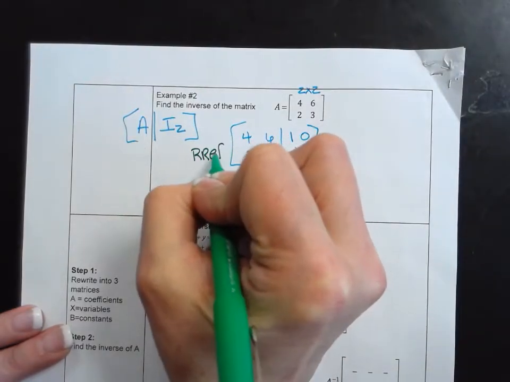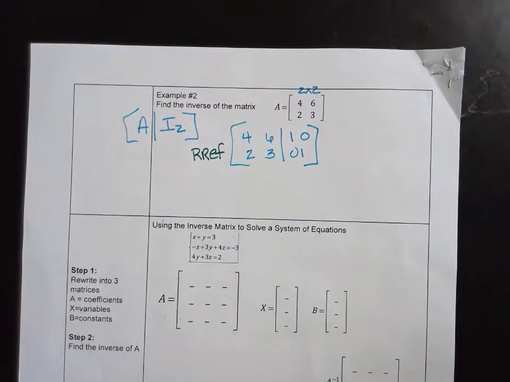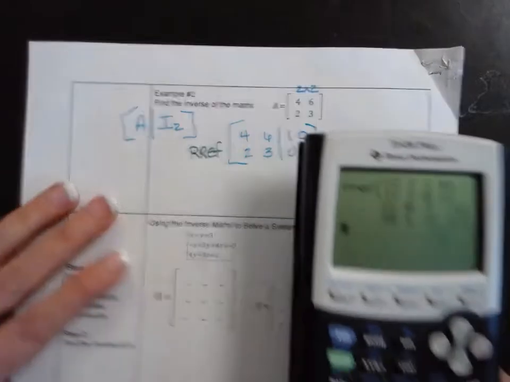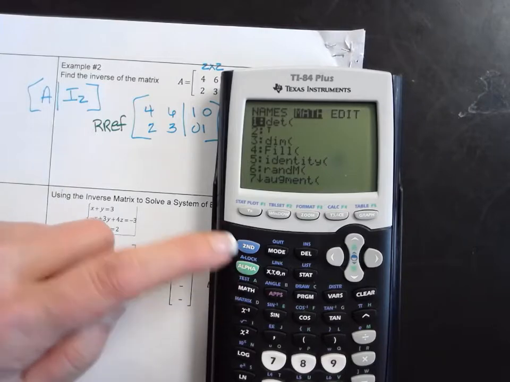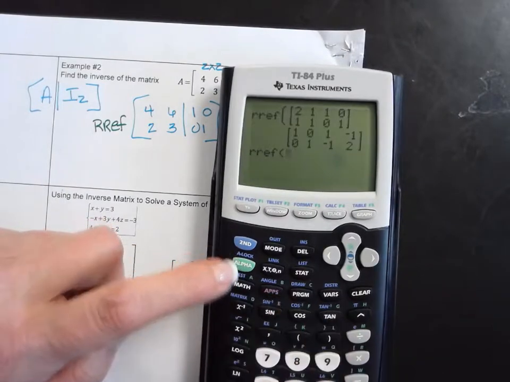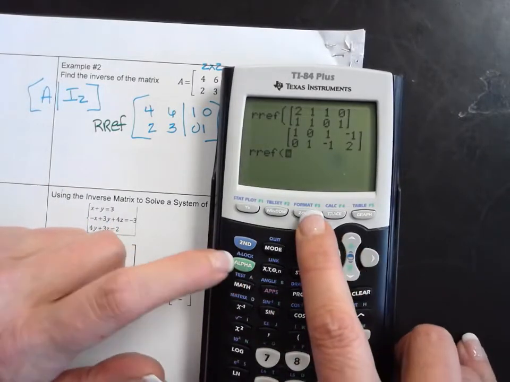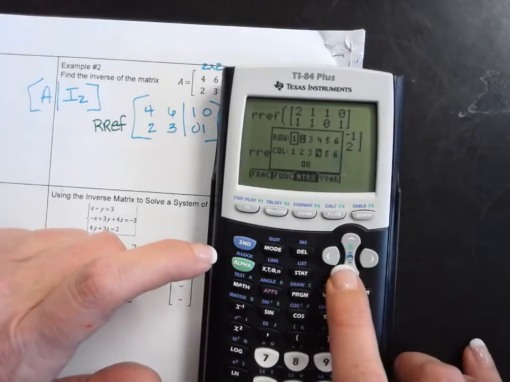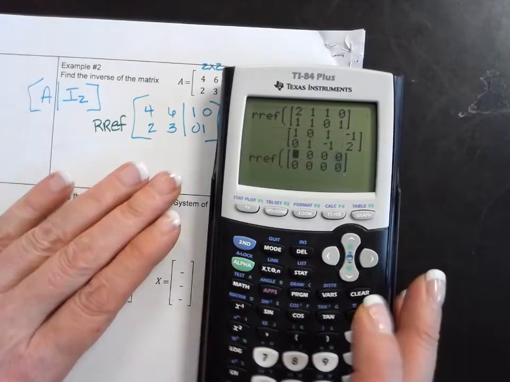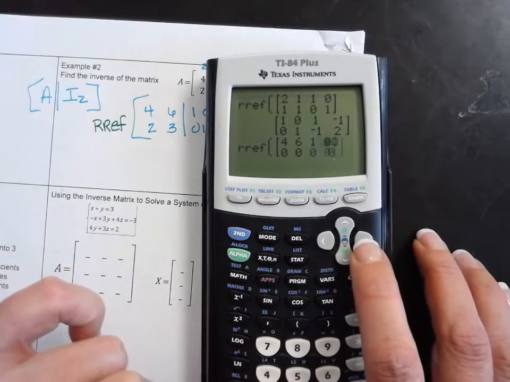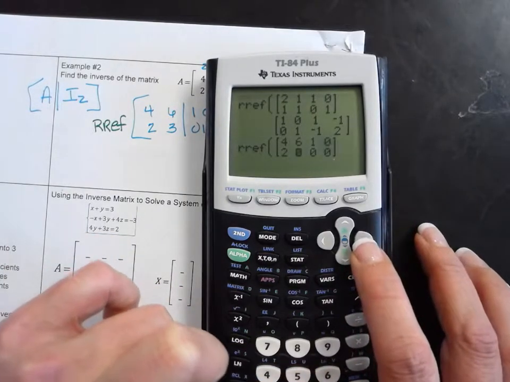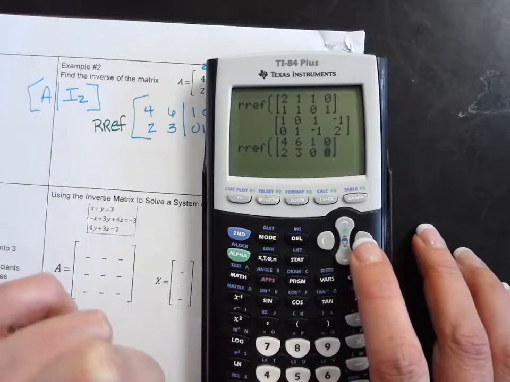We're going to use a reduced row echelon. So, reduced row, and I have a 2 by 4 again. So 4, 6, 1, 0, 2, 3, 0, 1.